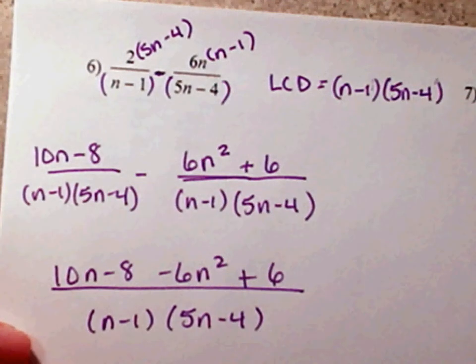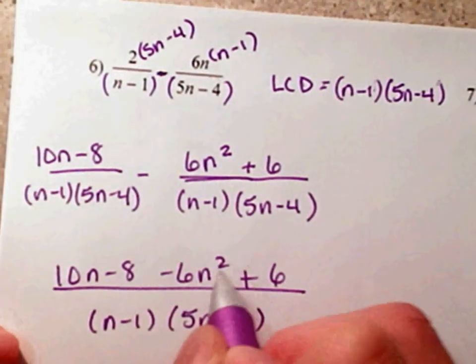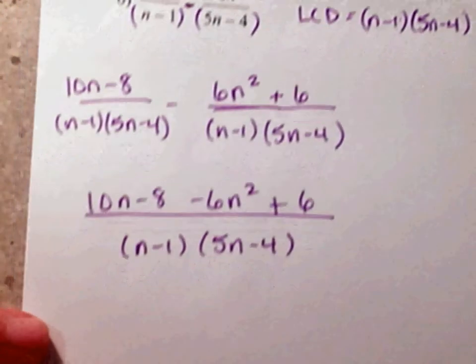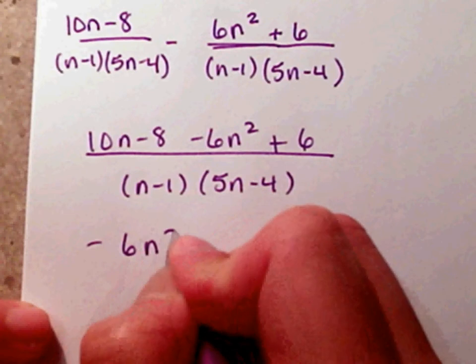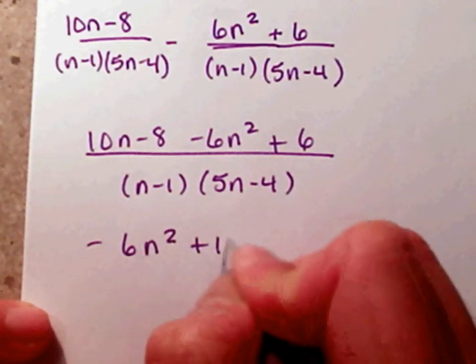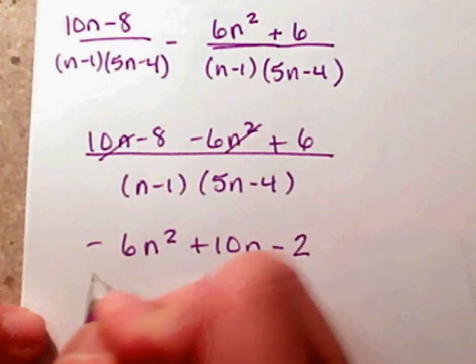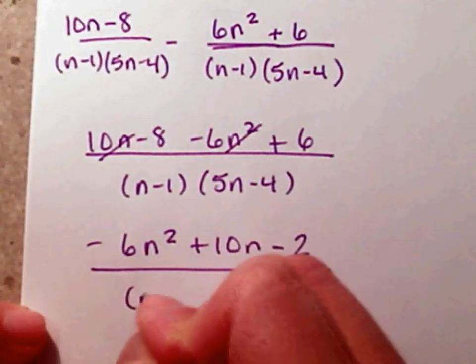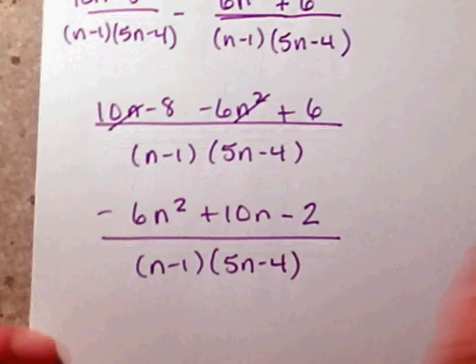So, all right, combine your like terms. Let's rewrite it in the highest degree first. So you have negative 6n squared plus 10n, okay, minus 2, all of that over n minus 1 times 5n minus 4. What do these have in common?